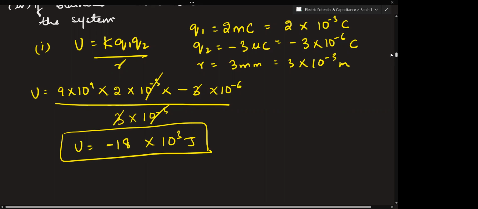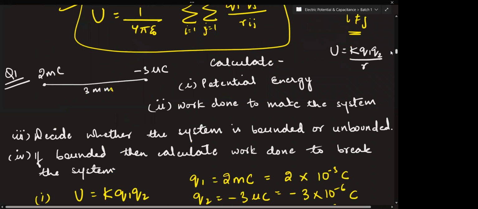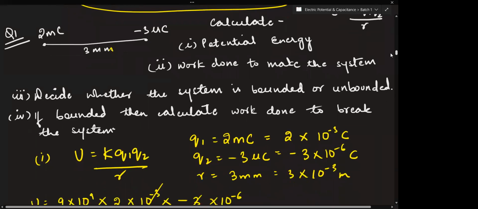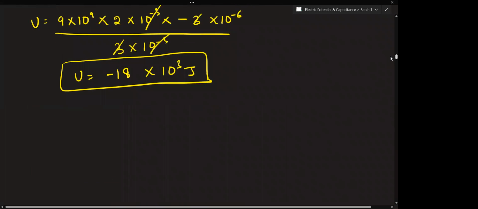Now it is asking you the work done to make the system. This work done is only converted into potential energy. It means this is the same work done that has been converted into potential energy. So the answer of the second part, work done to make the system, will be minus 18 into 10 to the power 3 joules.